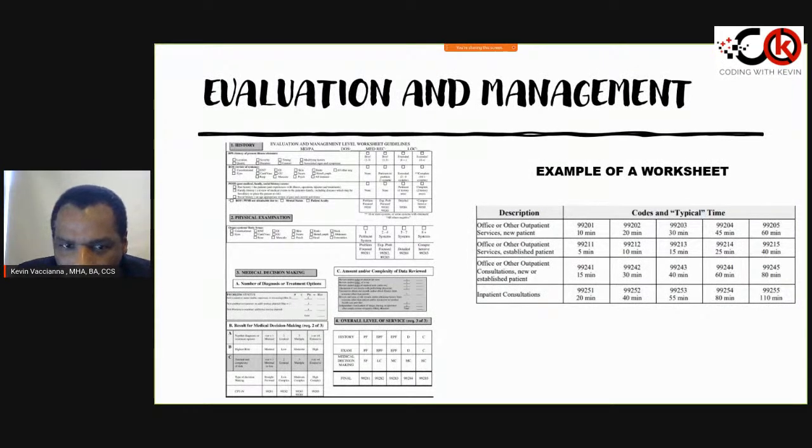And I gave you all a copy of the worksheet, an example. And last week we also had you draw out, on your own, what the three key components will look like when you're trying to work with it. Something that you guys need to practice because it's good practice, especially when you're doing the CPC test.